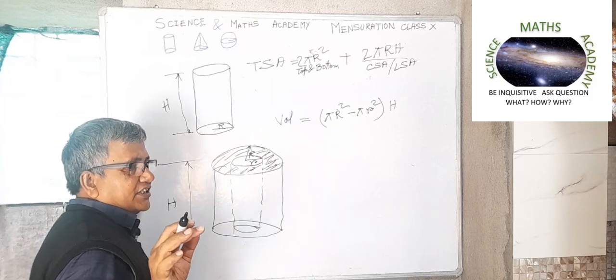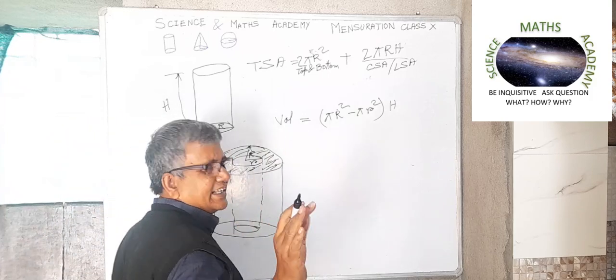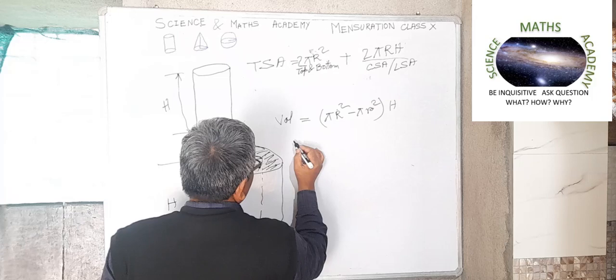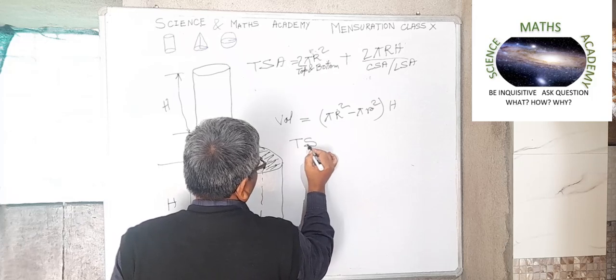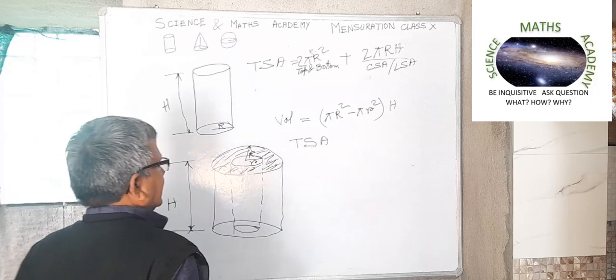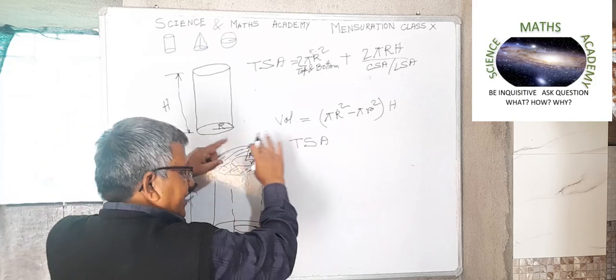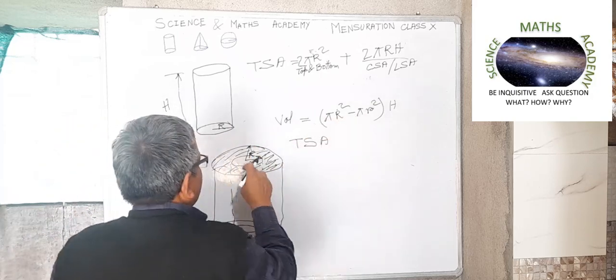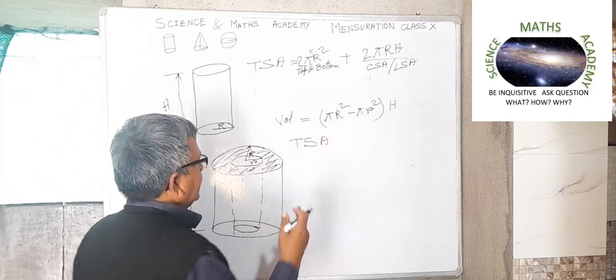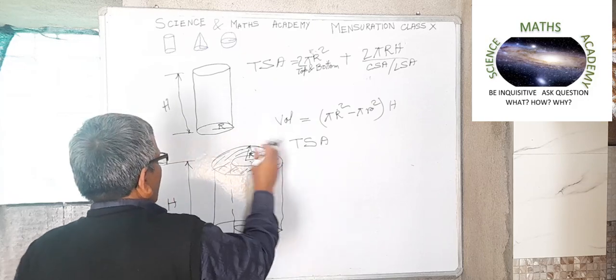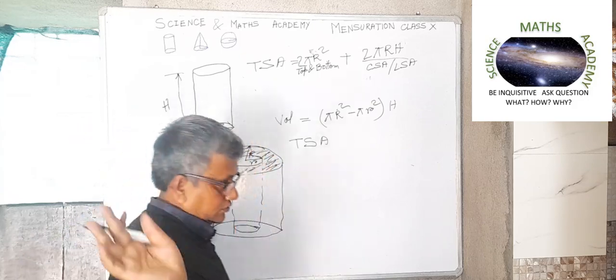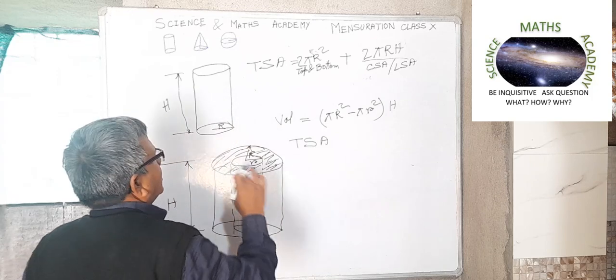I am teaching you one more formula, they don't usually give this type of sum: total surface area. Say it is a very big pipe, inside also big, and I want to paint all sides, inside also. Easy, sir.